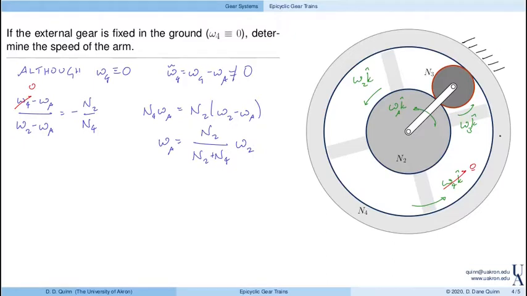And again, here we fixed the ring gear, the outside external gear, we fixed that in the ground. Now, notice and recall that the distance between teeth on each gear has to be the same. Right? So we can actually write that in terms of the module.